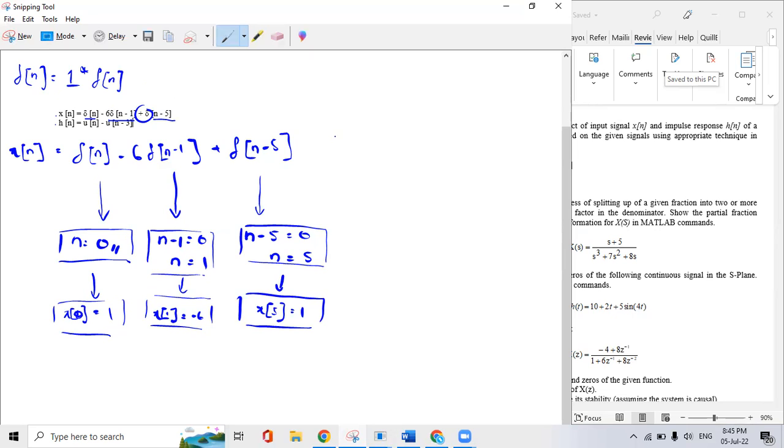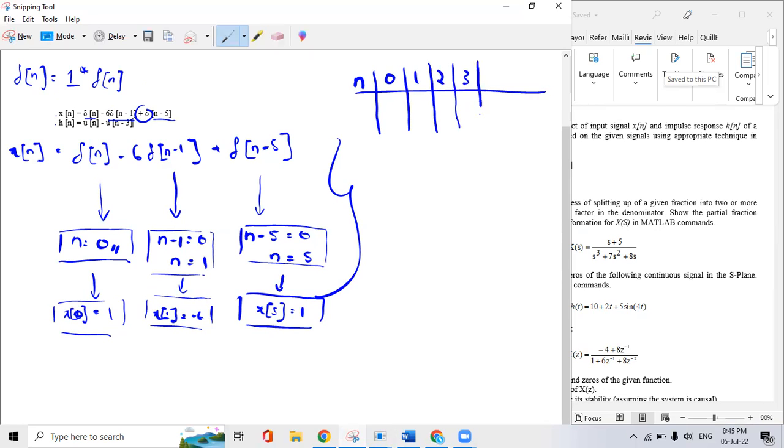The thing happening right here is something similar to a table. We can make an example like this: our n starting from 0, 1, 2, 3, 4, and 5. Why?